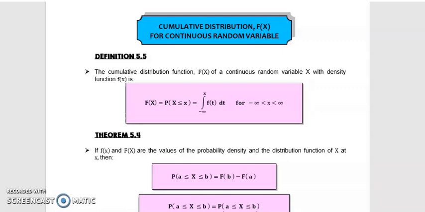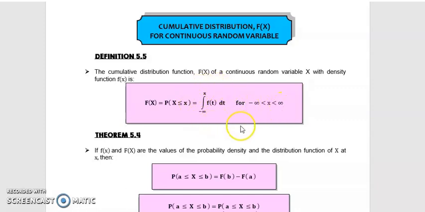The cumulative distribution function F(x) of a continuous random variable x with density function f(x) is given by F(x) equal to probability of X less than or equal to x, equal to the integral of f(t) dt from lower limit of negative infinity to x, for x from negative infinity to infinity.